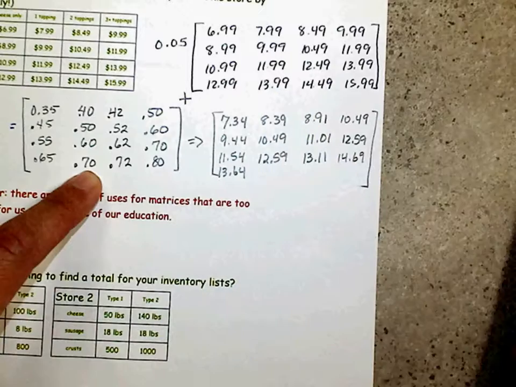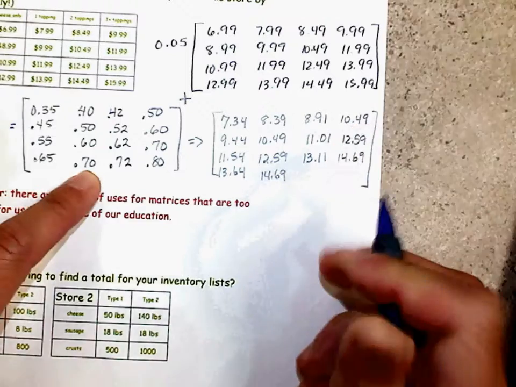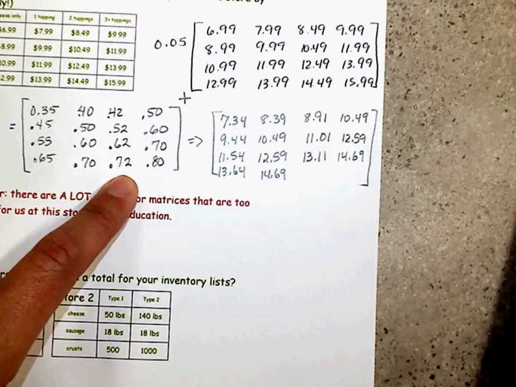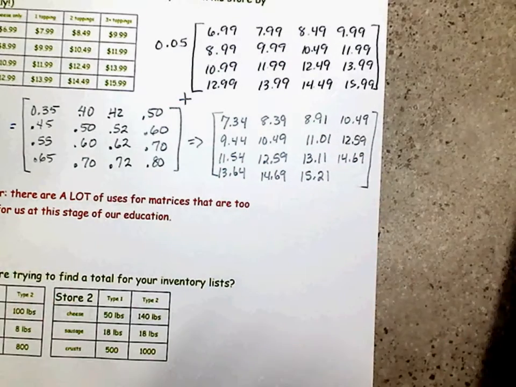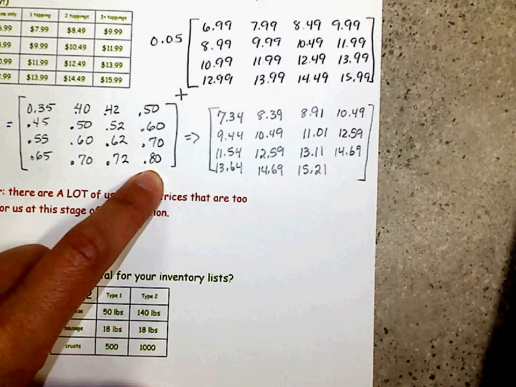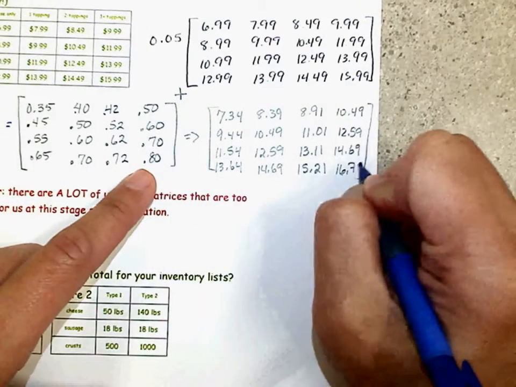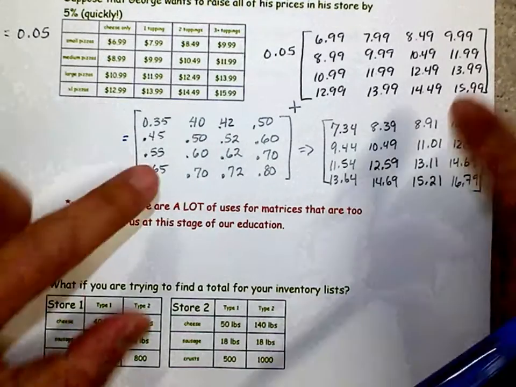That gives you $14.69. 14.49 plus 0.72, $15.21. 0.8 plus 15.99, and that gives you $16.79. So there's your new price. So I added these guys together to get my new price, and this is the price of the increase.